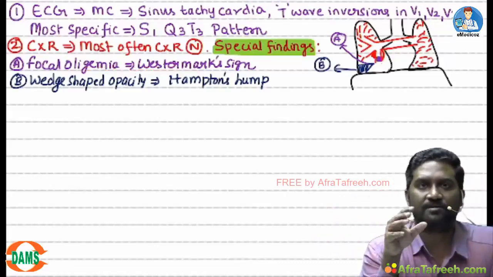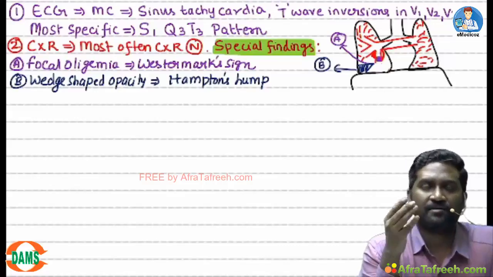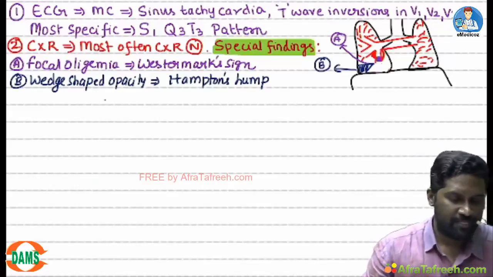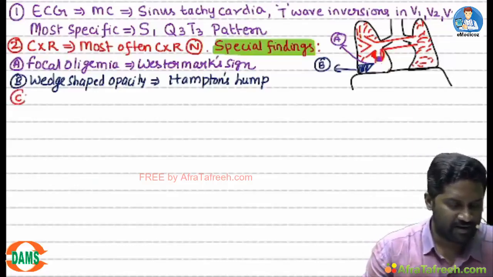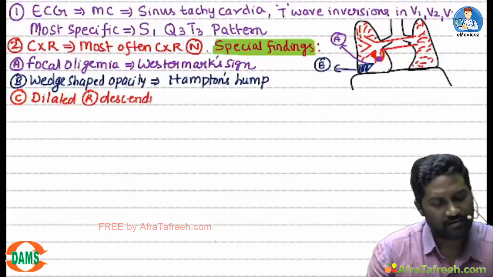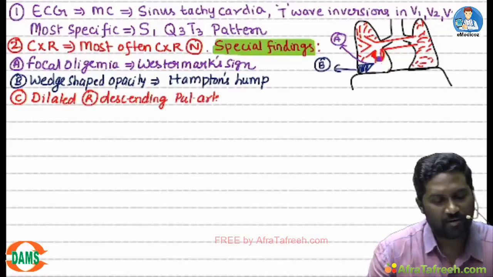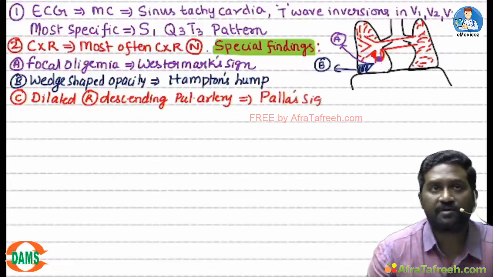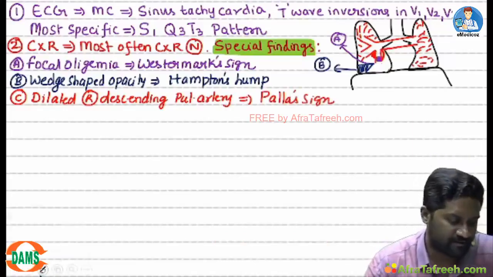In many of the studies, they could identify this whenever the obstruction was in the right descending pulmonary artery. This finding of dilated right descending pulmonary artery is called as Palla's sign.